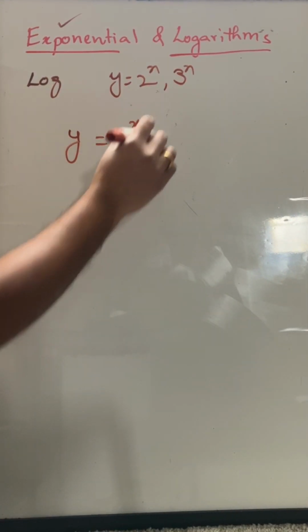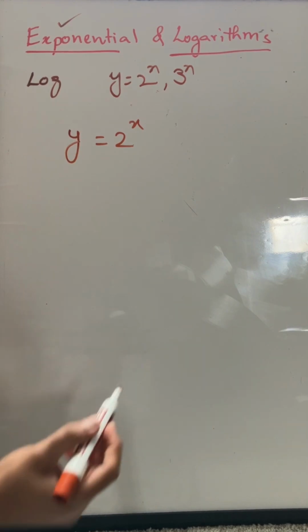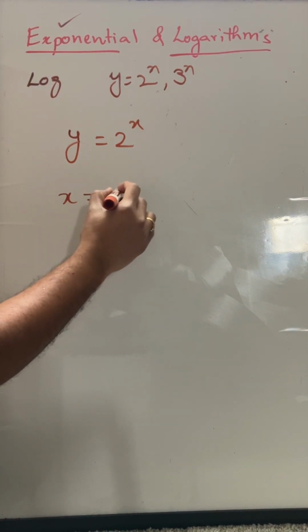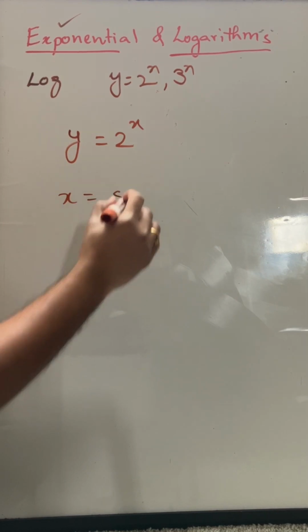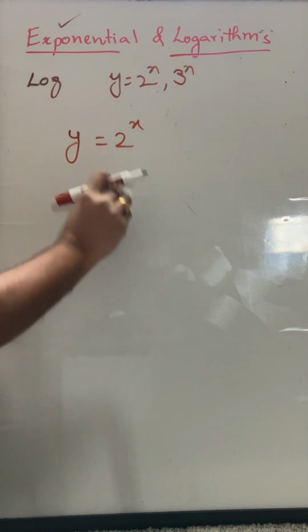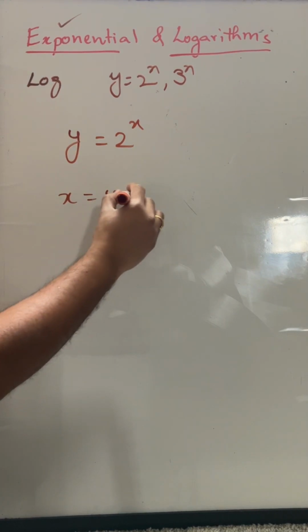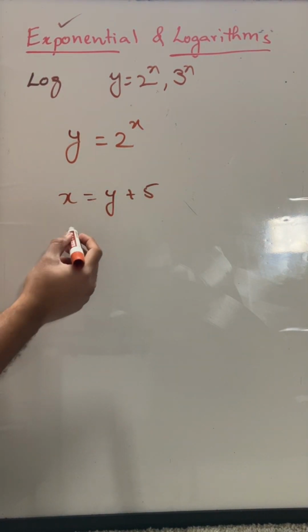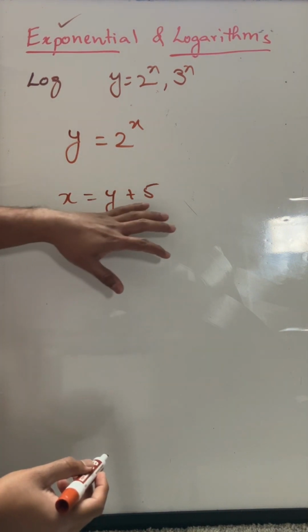Before getting into this one, I'll give you a few examples. Say x equal to y plus 5. Sometimes what we do is cut 5 from both sides.